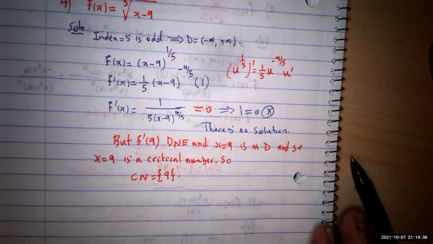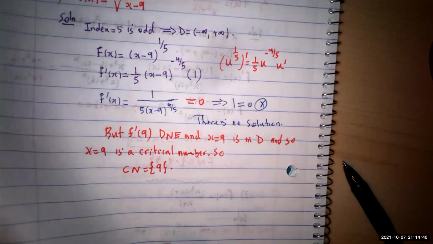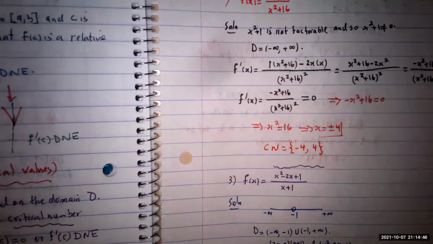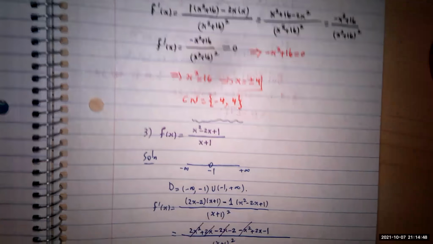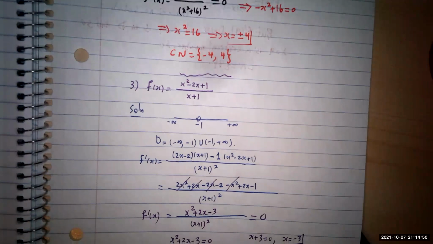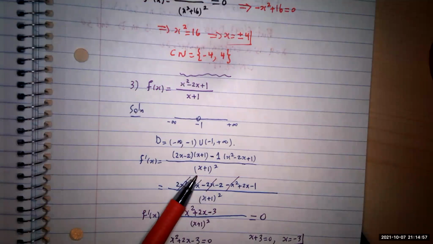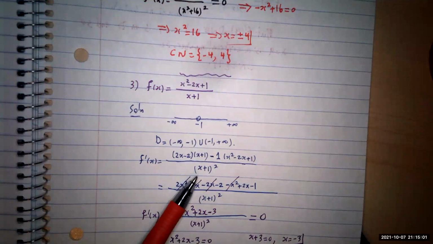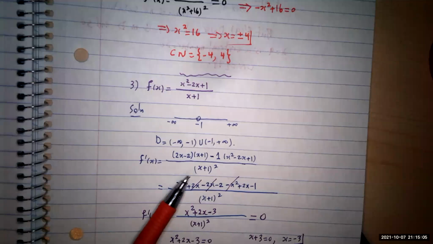Some people, when I do this one, take me back to the example that I did earlier. Look at this example. Some people say, how about this one? This is the f prime. F prime of -1 does not exist because -1 makes the denominator equal to 0.